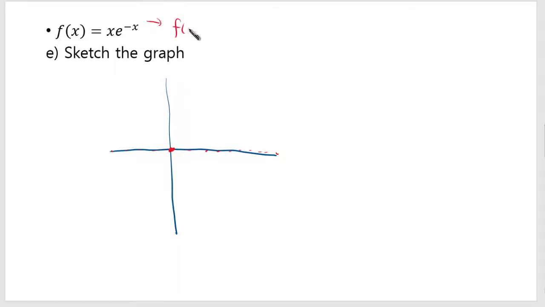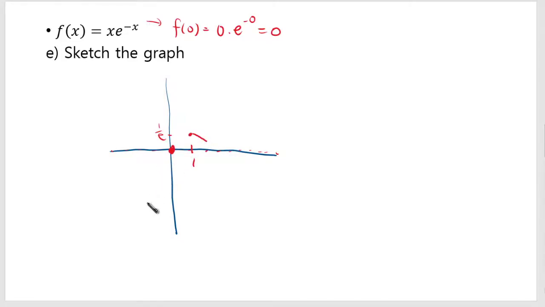Okay, so f of 0 is 0 times e to the negative 0, which is 0. So it has to pass through this point. We also know that at 1, it has this maximum 1 over e, and then it goes down afterwards. Okay. It increases before 1, it decreases after 1.